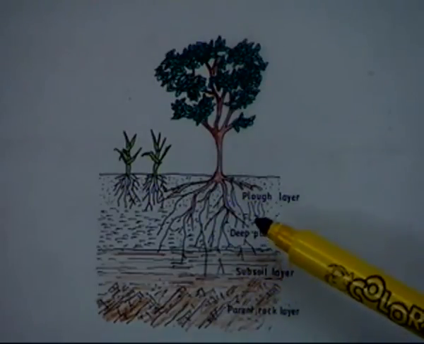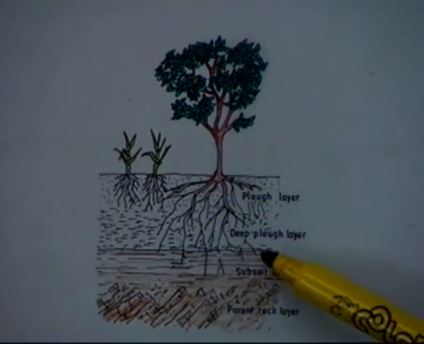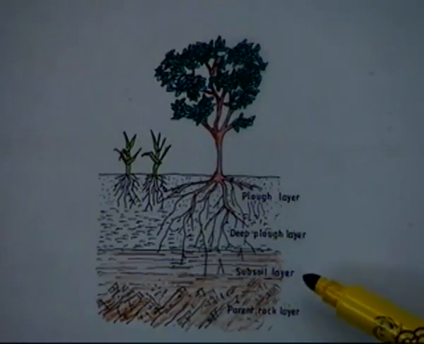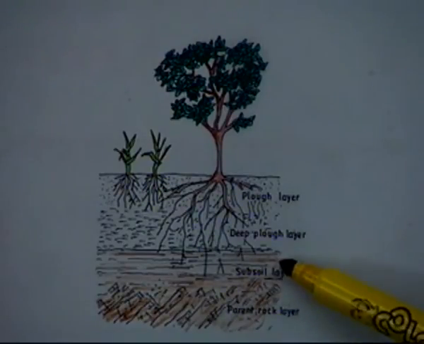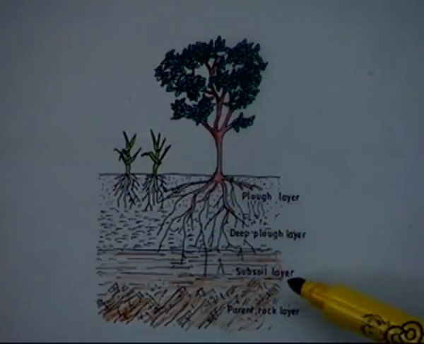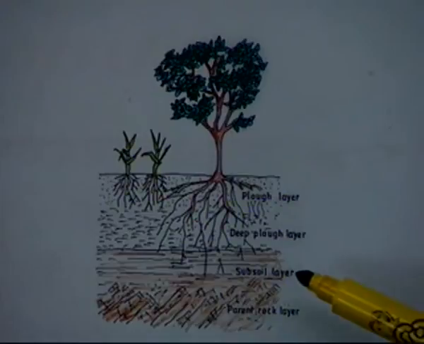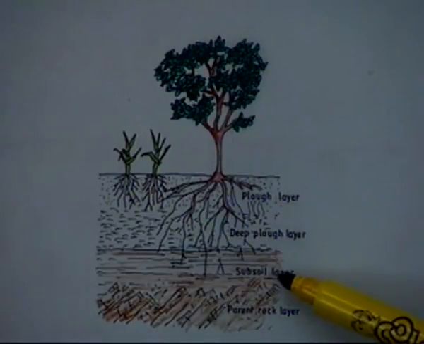Maybe some of the roots might be penetrating into the subsoil layers, but invariably this layer will have more moisture availability. This will be a saturated layer.